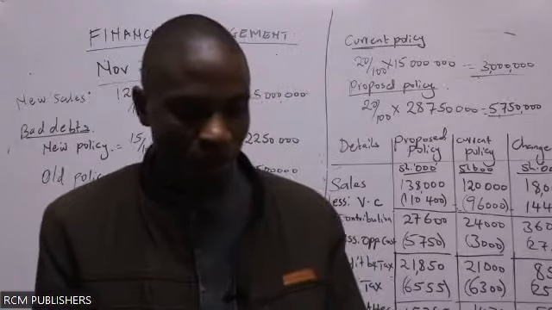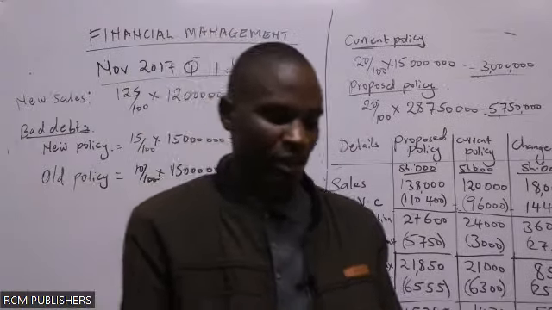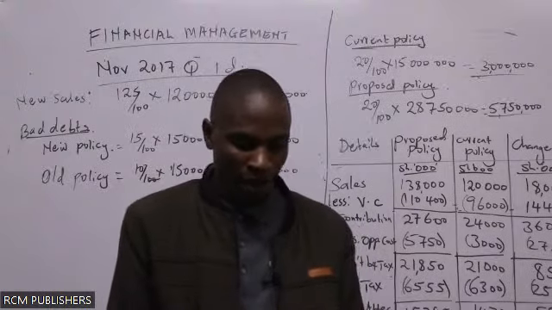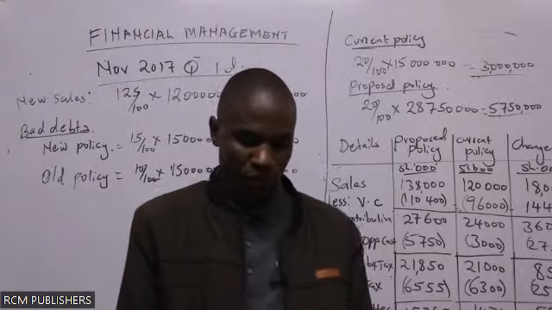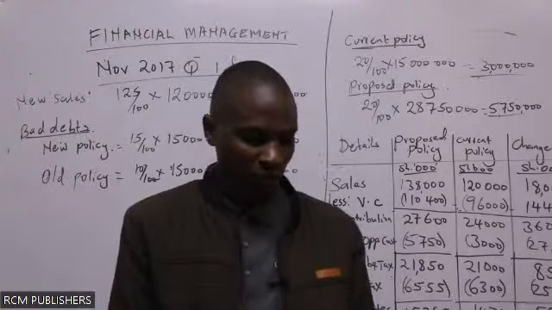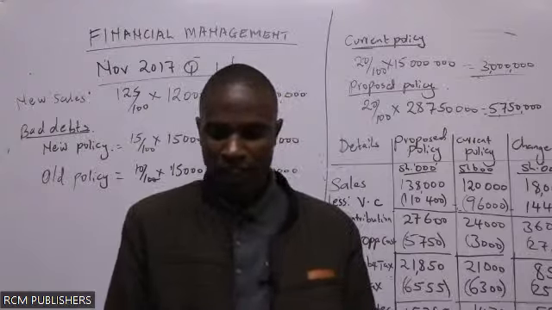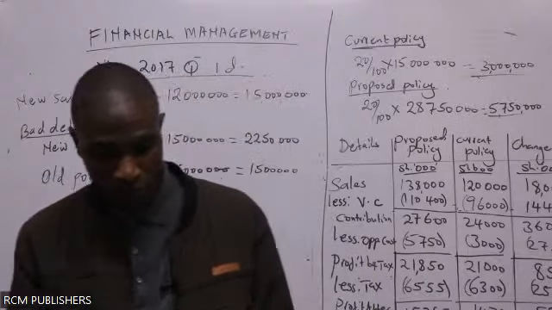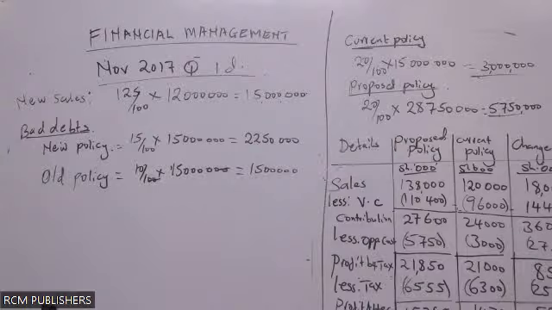Therefore, there will be a discount for any customer who pays within that stipulated time. If this change is effected, annual sales. Okay, therefore, let's check. The customers who will benefit from a discount offer will be the customers benefiting.